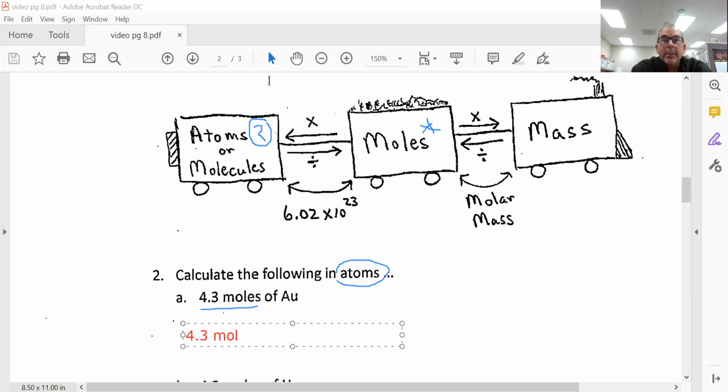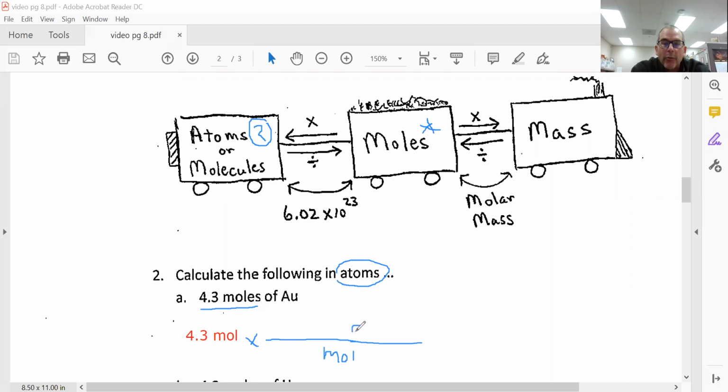Now my next step is I'm going to times that. And the trick here is I'm going from moles to atoms, so I'm going to put moles on the bottom so it cancels out, and I'm going to put atoms on the top.